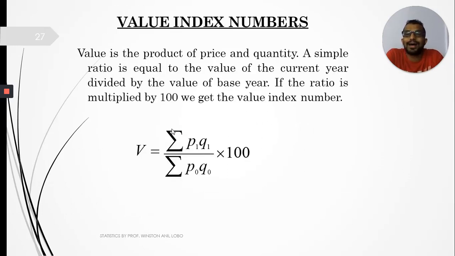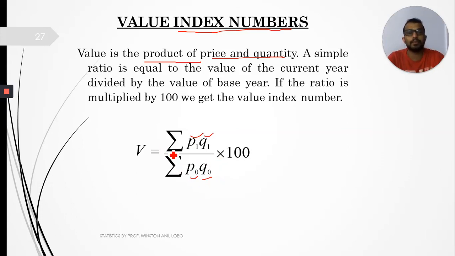And students, the last topic for today in this video is value index number. Value, you remember value we spoke about? Price and quantity? Yes. Value is nothing but the product of price and quantity. So for this also we have an index number. How to calculate? Very simple. For current year, multiply P1 into Q1, take the total of it. For the base year, multiply the price and the quantity, P0 Q0, take the total of it, and into 100.